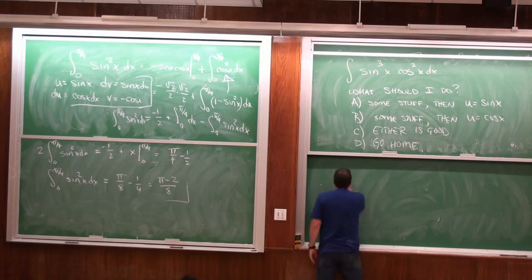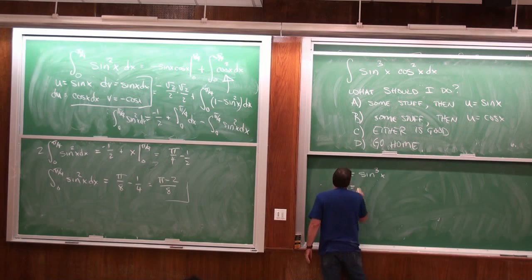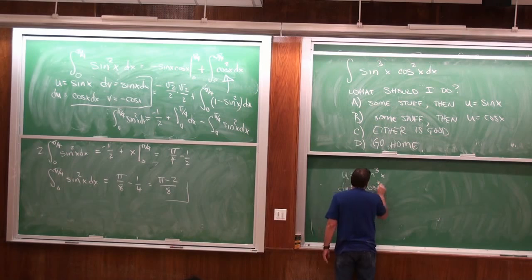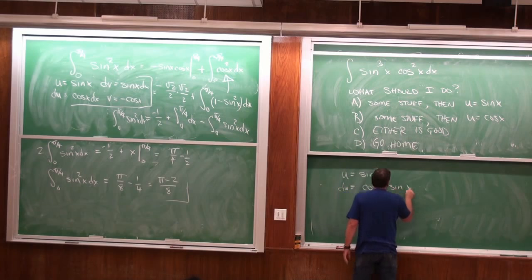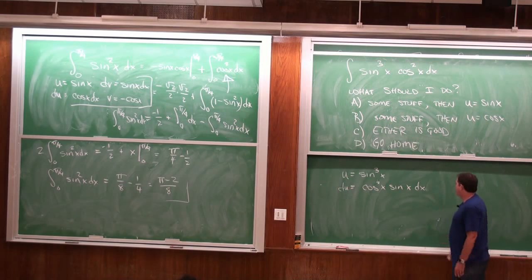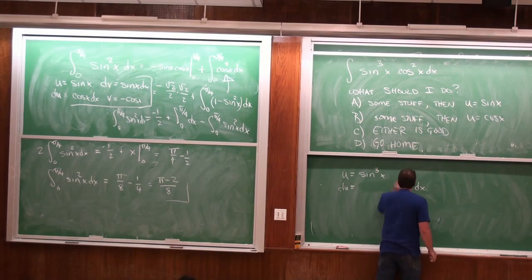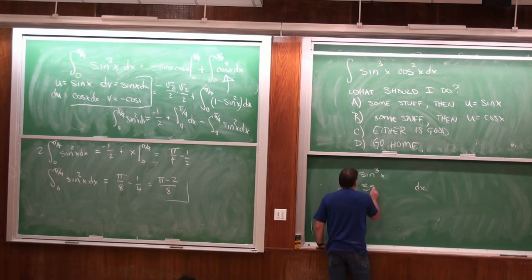So you're saying u equals sine cubed, du is then cosine squared x sine x dx. Wait a minute, what am I doing? Sorry, I'm hallucinating. Okay, 3 sine squared x.